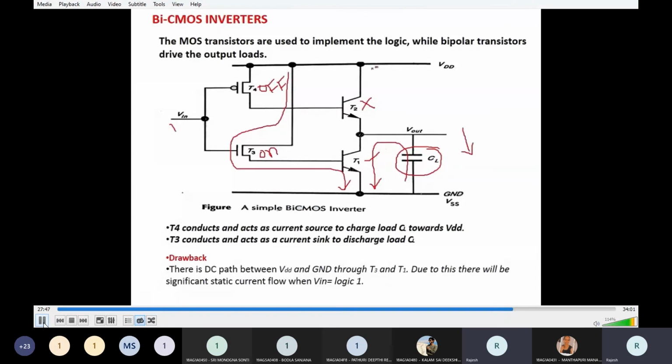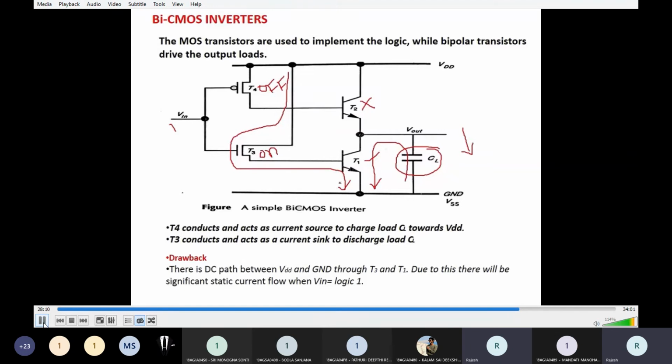What is the drawback? And why are we combining these bipolar and CMOS technologies? Mostly these CMOS transistors have high density compared to bipolar junction transistors, and bipolar junction transistors have high speed compared to CMOS.